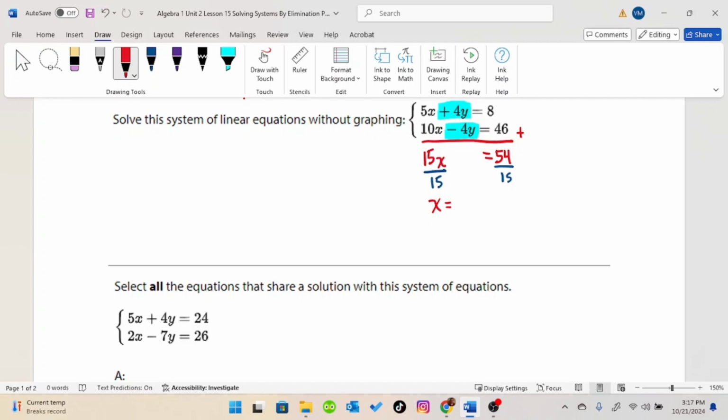We can simplify this by dividing the top and the bottom by 3. 54 divided by 3 is 18, and 15 divided by 3 is 5.